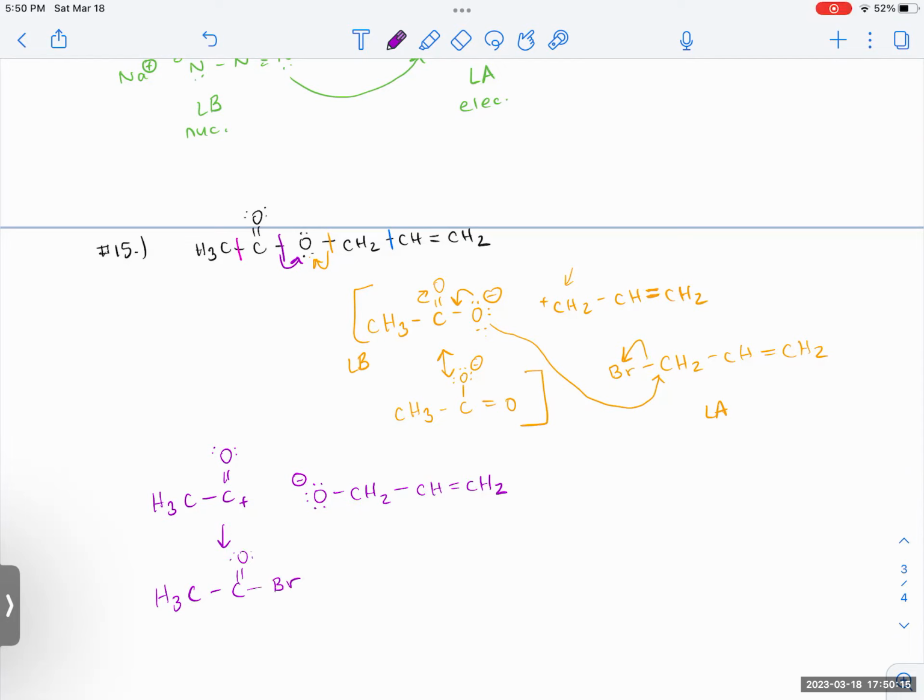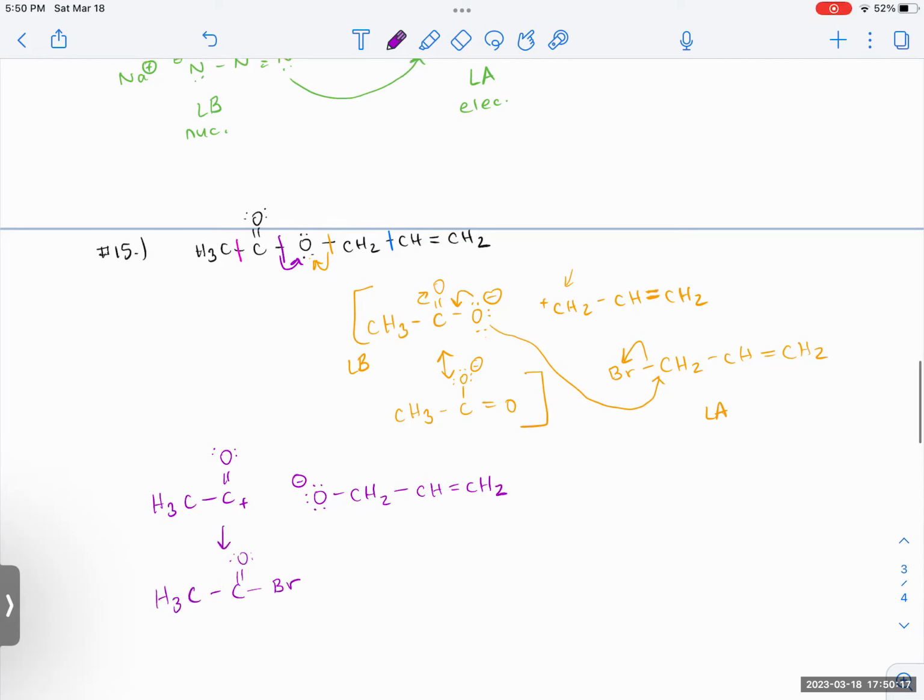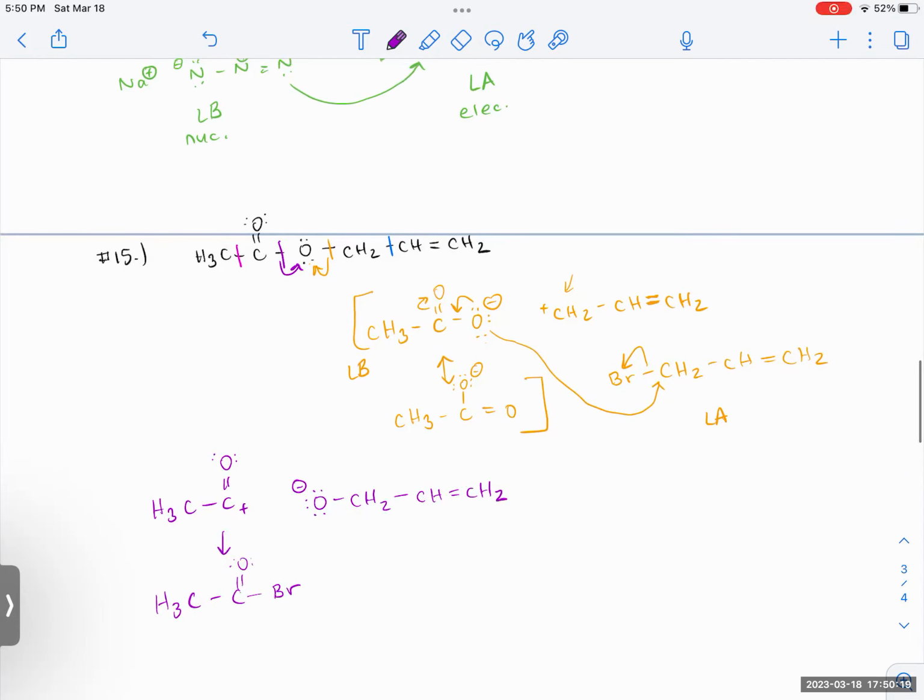And this is not... an SN2 reaction is not going to happen here, because this carbon is sp2 hybridized. Right, it has a double bond to oxygen. So it won't go. So this won't work.